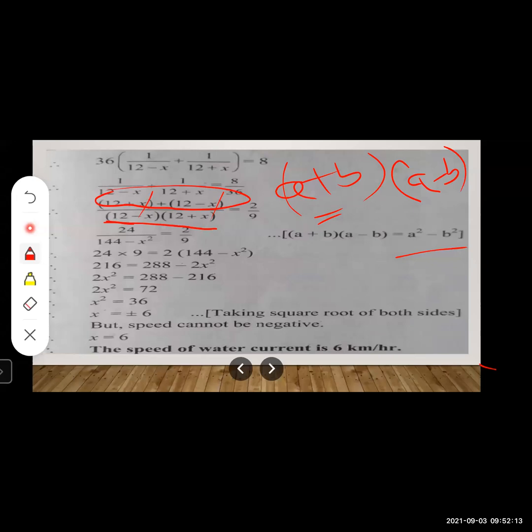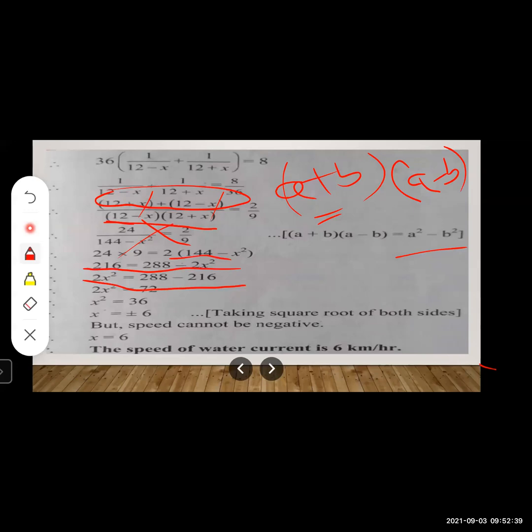Now when you further simplify, look here, you have to cross multiply. 24 into 9 is equal to 2 into, in bracket, 144 minus x square. When you further simplify, you will get 24 into 9, 216, is equal to 2 into 144, that is 288, minus 2x square. Let us find this by further simplification.